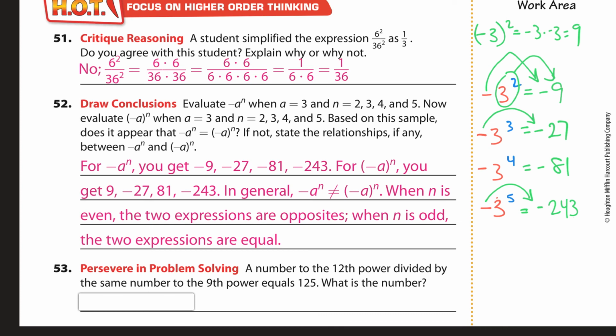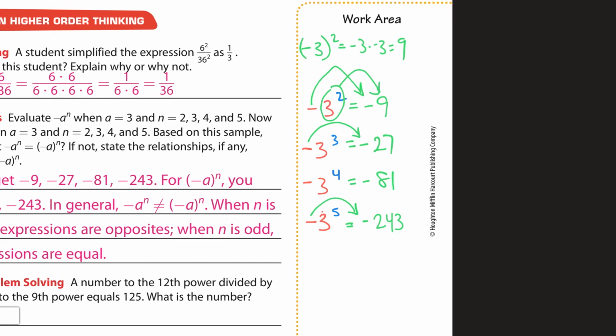If we did that with negative 3 in parentheses to the fourth, that is negative 3 times negative 3 times negative 3 times negative 3, which is positive 81. When you compare that, these are opposites of each other. But if you did it for the odd exponents, they would be the same. They'd also be 243.